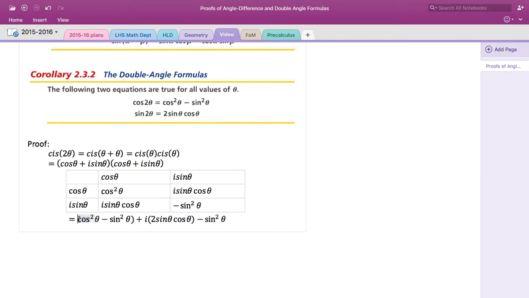Again, structurally, this is exactly the same as CIS of 2 theta, which is equal to cosine 2 theta plus I sine 2 theta.